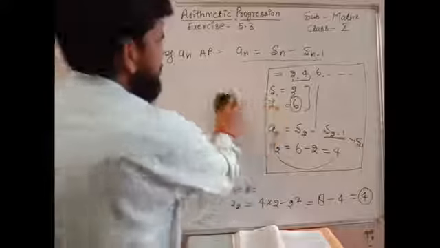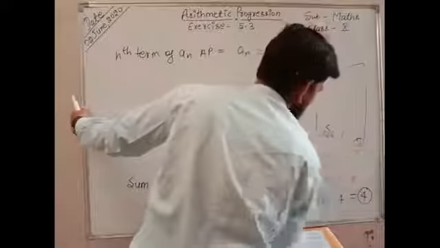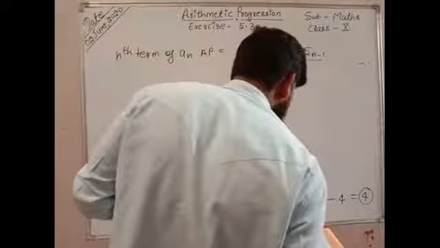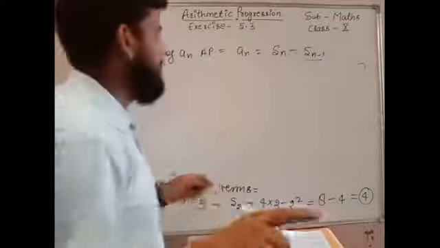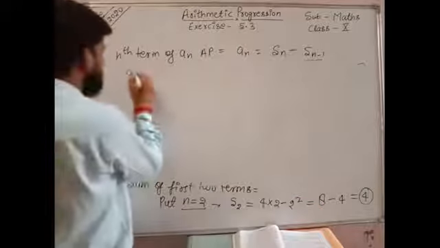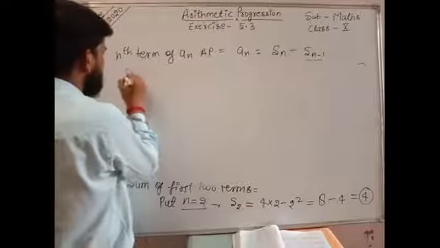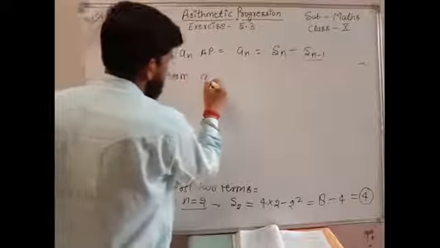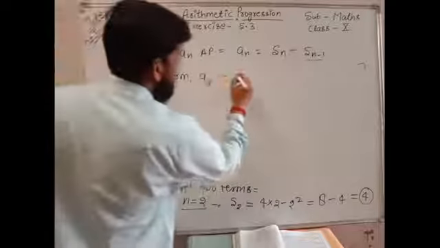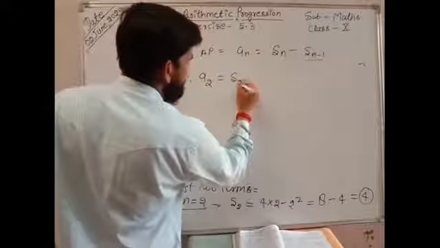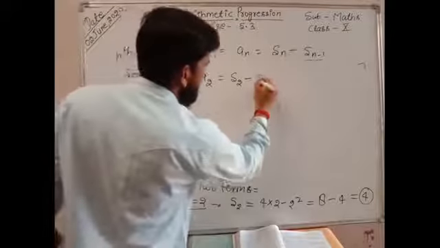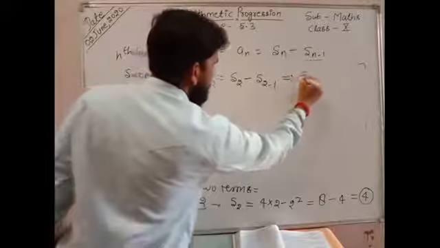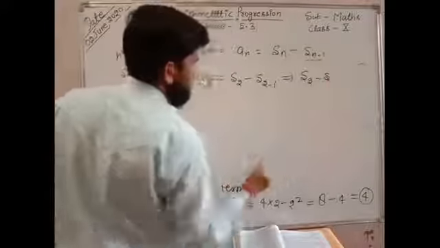Now come to the solution. Next part of the question. So now we have to calculate the second term, third term, 10th term and nth term. So A2, the second term, is equal to S2 minus S2 minus 1, that is equal to S2 minus S1.